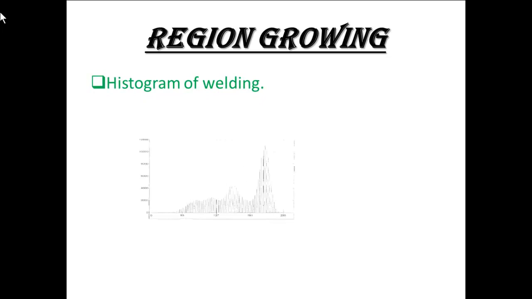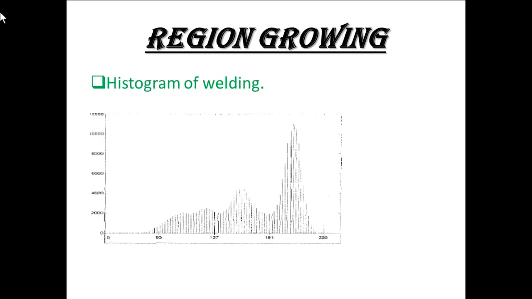Histogram of welding. Here is a histogram of welding, which is plotted against two parameters: number of pixels and the intensity of gray level. It varies from 0 to 255. 0 is the least value of gray level and 255 is the highest value of gray level.